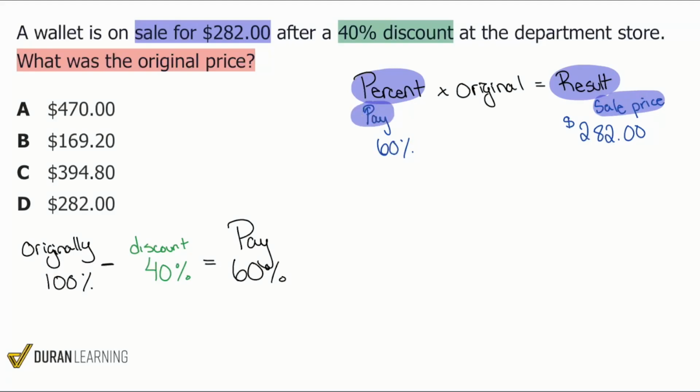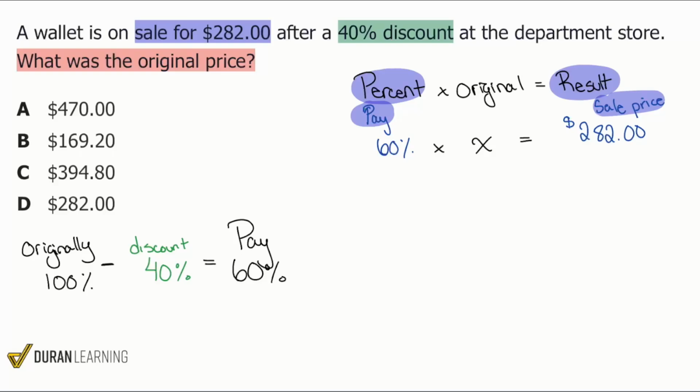We're good now. To find the original amount, I'll just put X instead of an O. But this is our formula. 60% times the original amount gives us 282. So we're looking for X, which is the original amount.